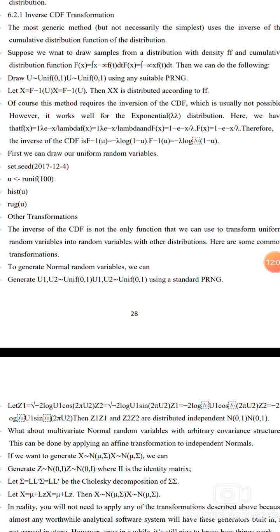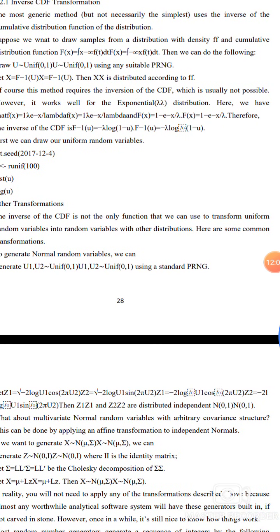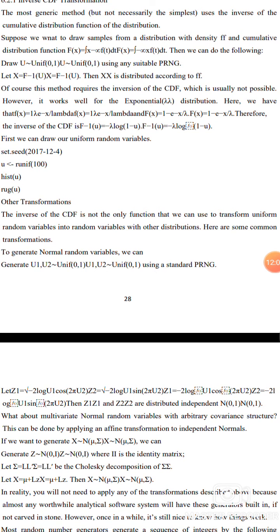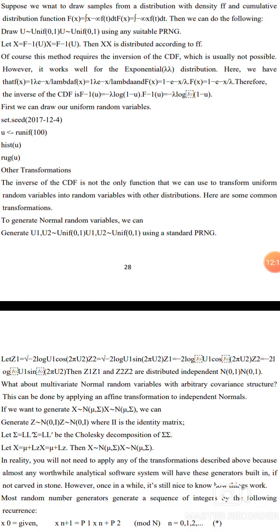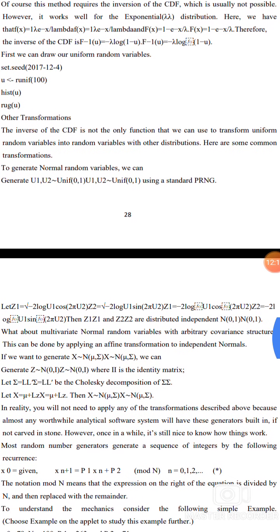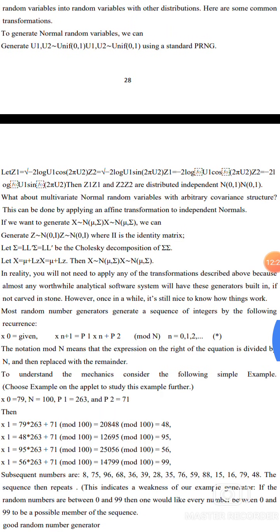Suppose we want to draw a sample from a distribution with a given cumulative distribution. We can draw a uniform random variable, set the seed, use the uniform method, and apply the inverse CDF and other transformations.